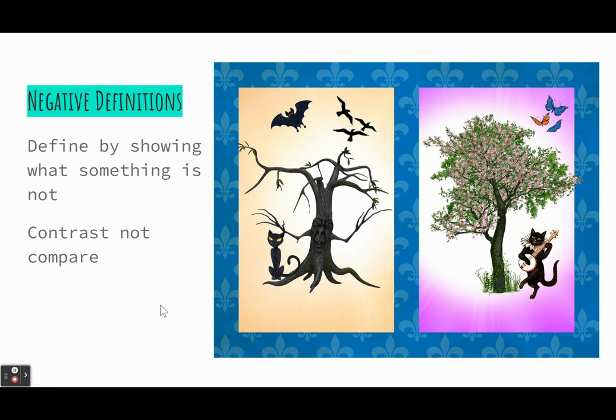What it is not. It is lacking things, therefore it is not scary. Or it is lacking things, therefore it is not happy. You are going to contrast, not compare, if you do a negative definition.